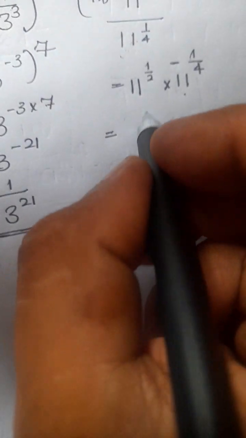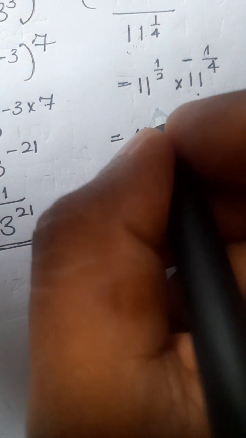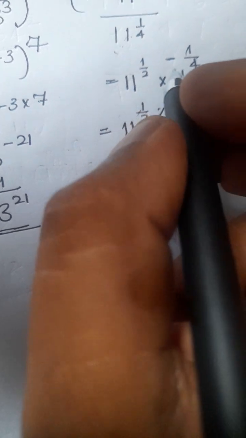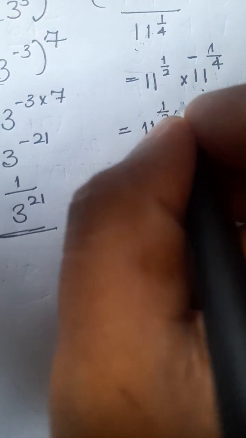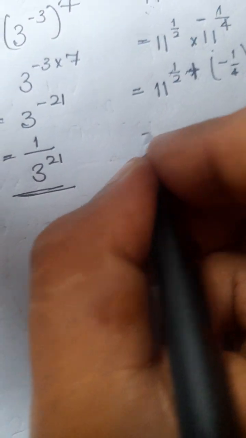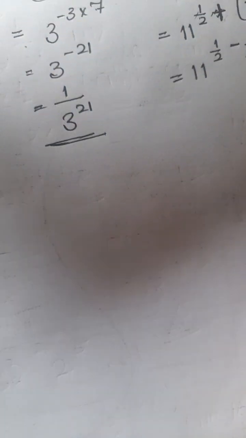So now see what will happen. 11 to the power 1 by 2 plus into minus 1 by 4. So this is equal to 11 to the power 1 by 2 plus into minus 1 by 4.